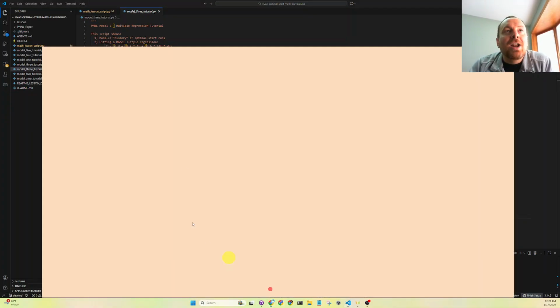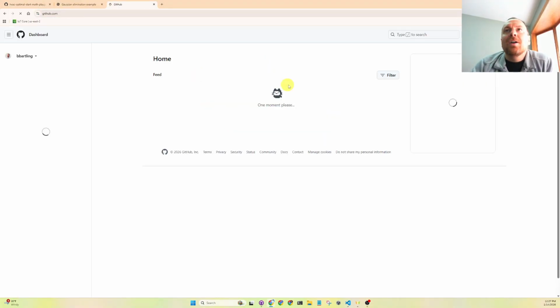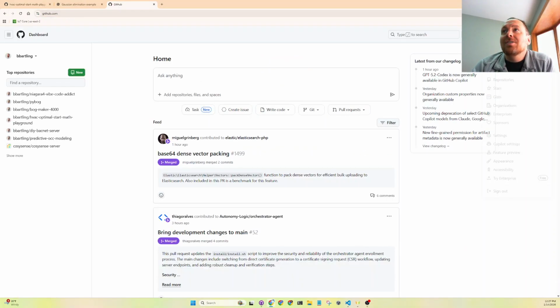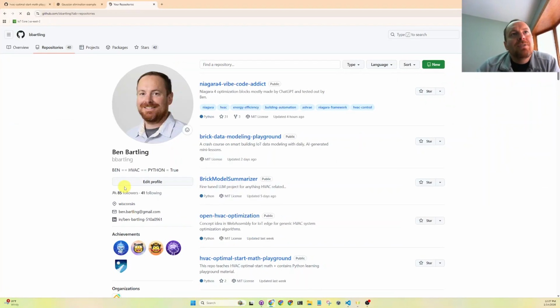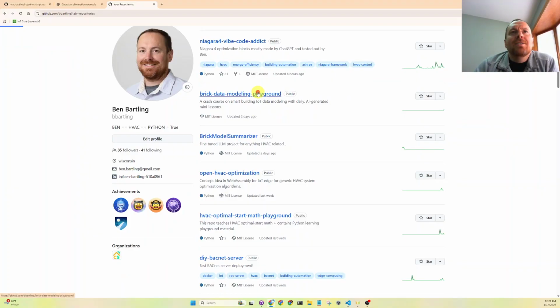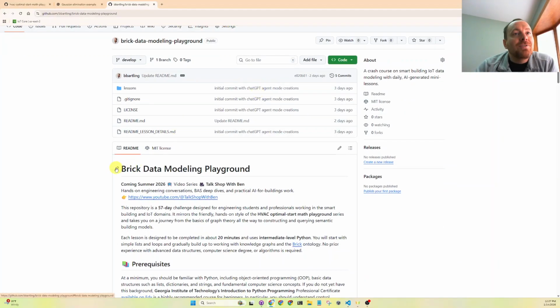And I also want to point out that this is next. Hopefully this summertime I'll be able to get to it in time, but what I want to do is another 50-day tutorial on Brick models and data modeling, so graph theory, RDF.